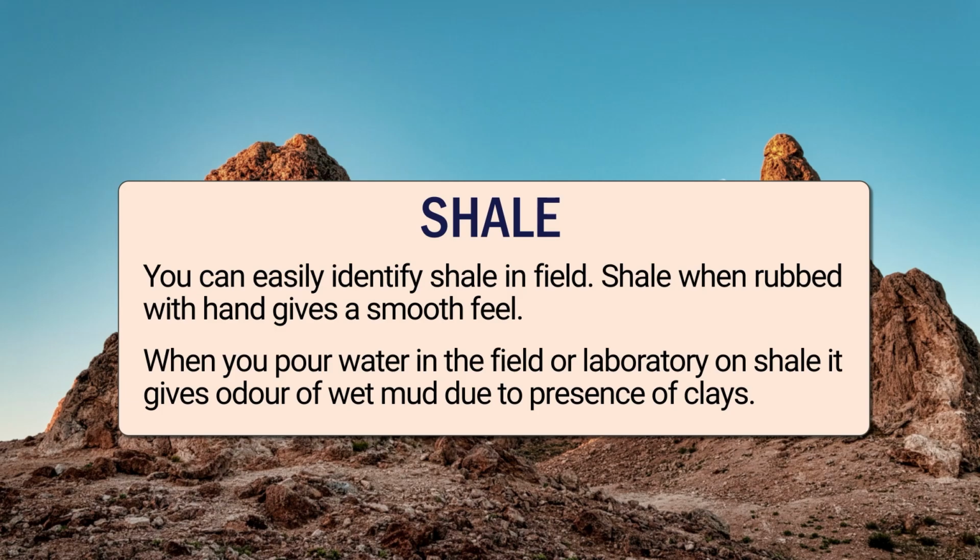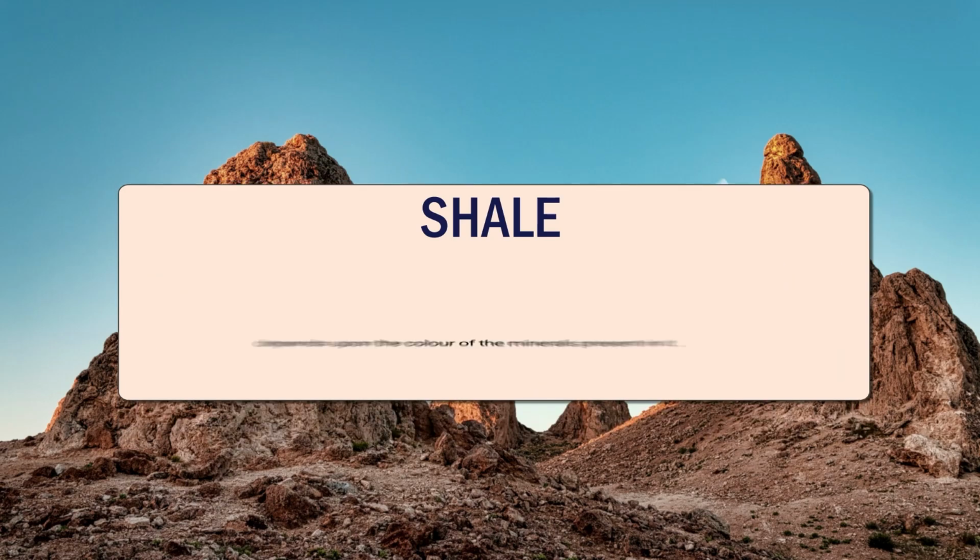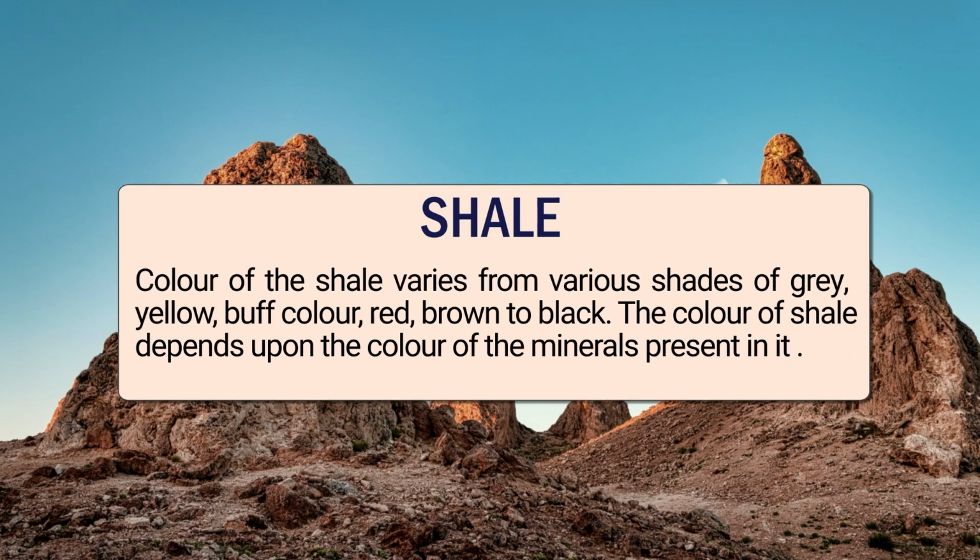Shale, when rubbed with the hand, gives a smooth feel. When you pour water on shale in the field or in the laboratory, it gives the odor of wet mud due to the presence of clays. The color of the shale varies from various shades of grey, yellow, buff, then red, brown to black.